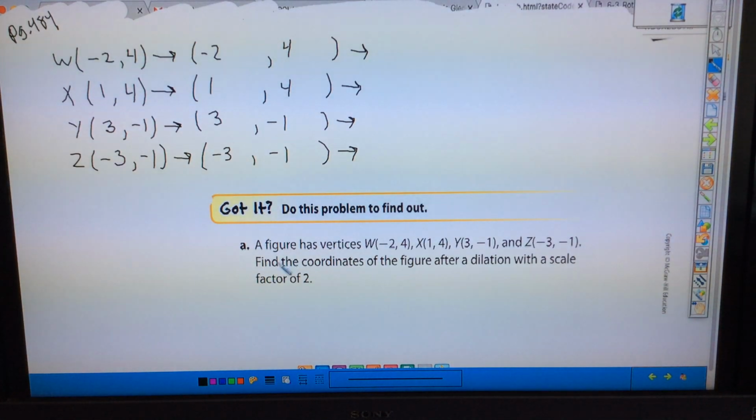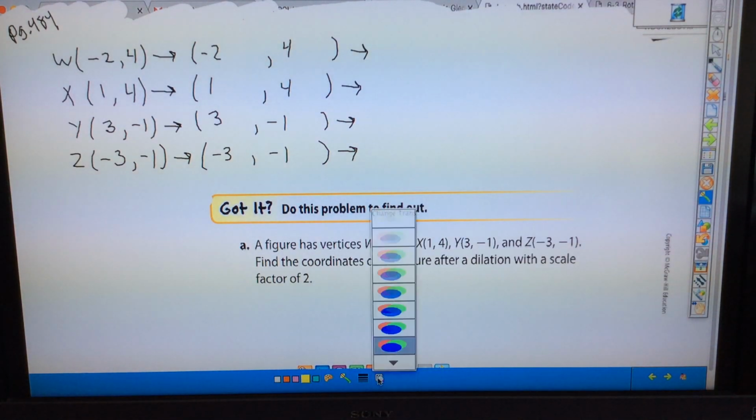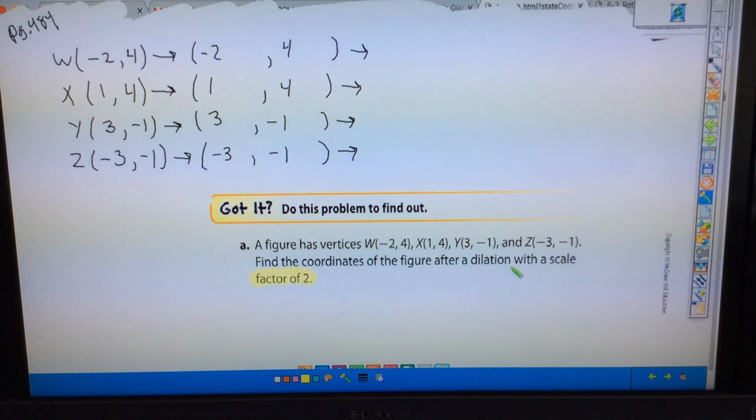What they want you to say is, what are the new vertices after you apply a dilation with a scale factor of 2? So what I did is I went ahead and listed out the original vertices. If you want to skip this step, you can.